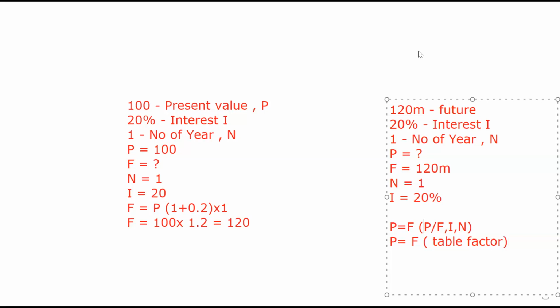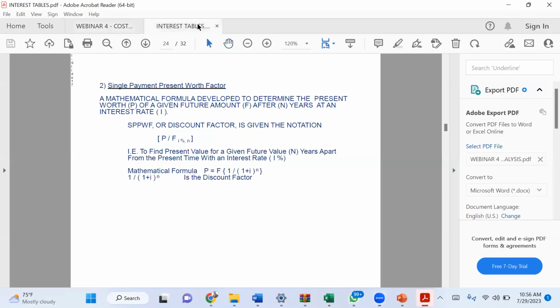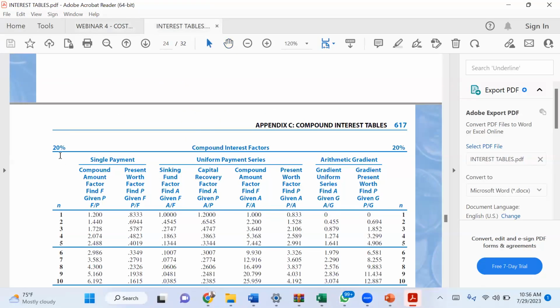In this case, I'll go back to my interest table. At 20%, I'm looking for the present worth. So here it says, find P given F. Please take a second look at it, very, very important.